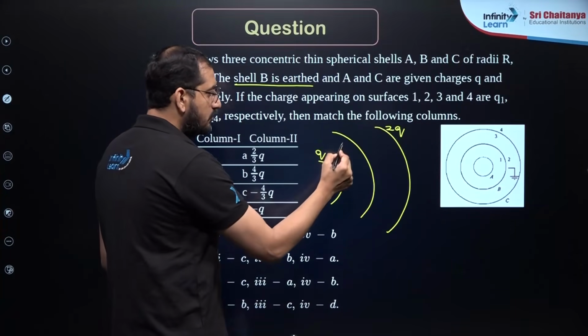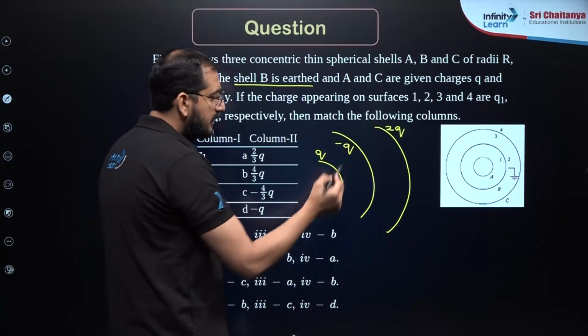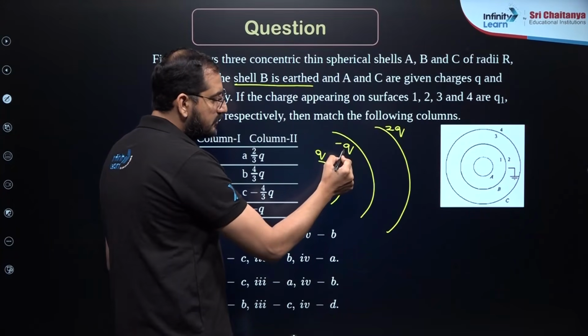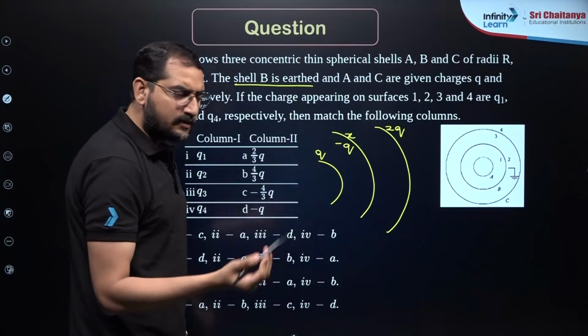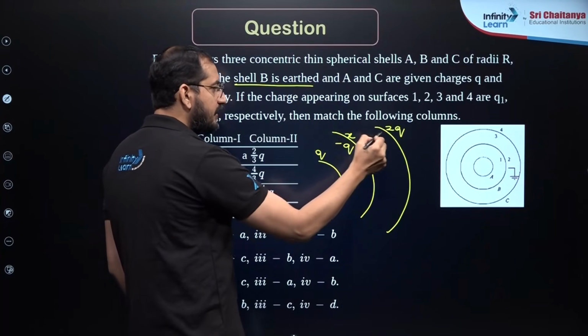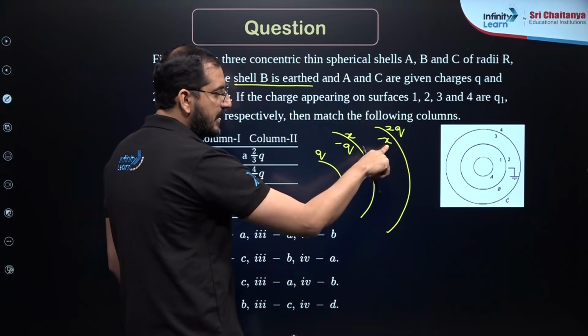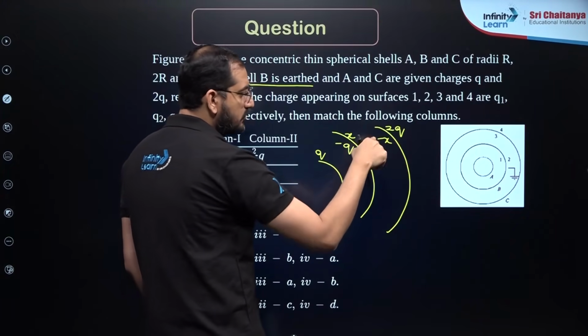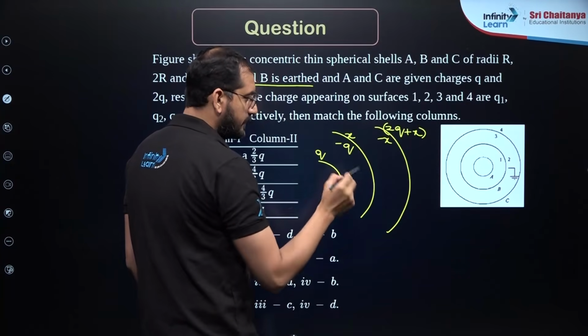If this is Q, over here minus Q charge will appear. If here is minus Q, I don't know how much charge is available over here. Let's call it X. If here it is X, then minus X should appear on this side. And because the total charge should be 2Q, hence over here it should be 2Q plus X.